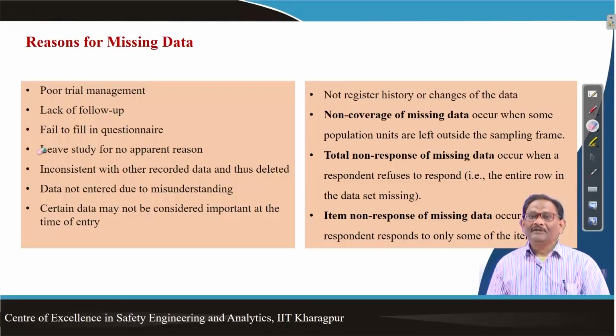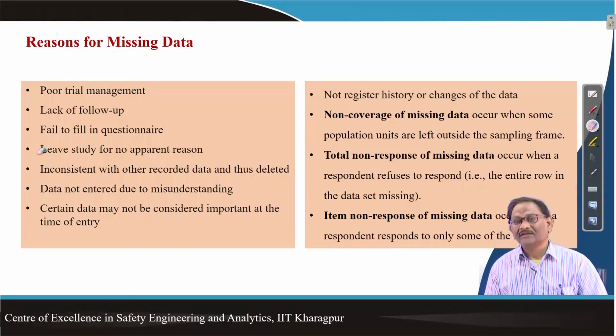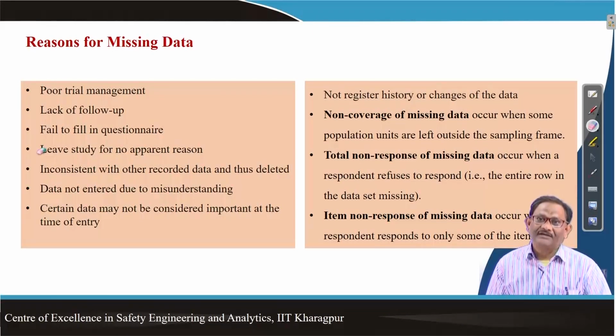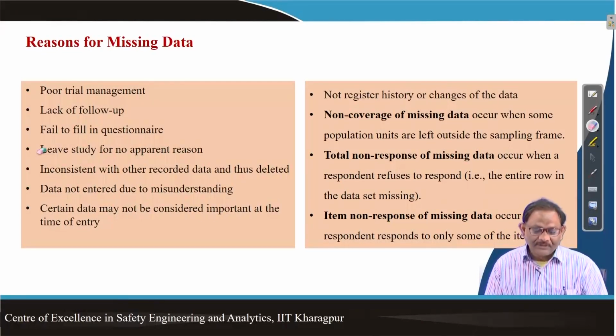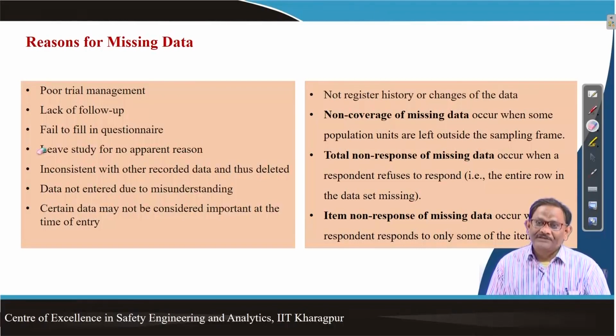If you have expertise in the data collection process, and if you collect primary data directly from the source, you know the reasons for missing data. If you collect from a secondary source, you may have to talk to the people there to understand the sources, because the sources of missing data are important.